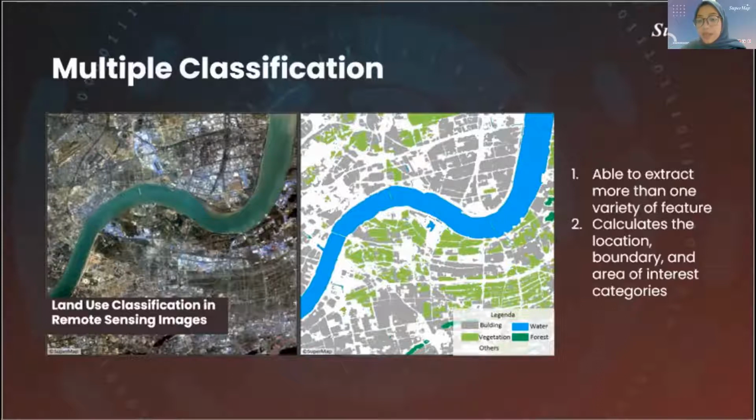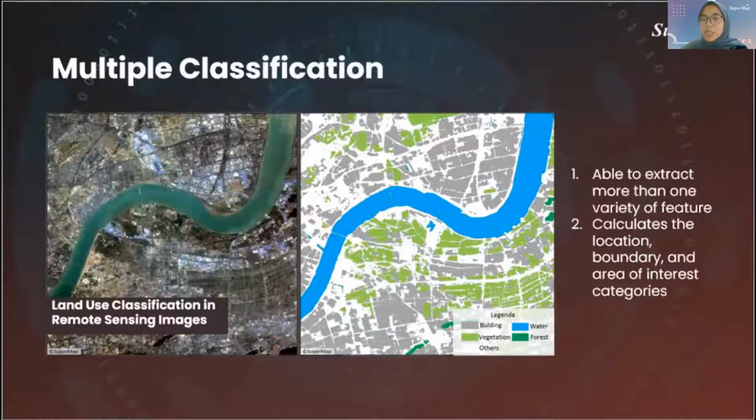Similar to the binary classification, multiple classification uses a neural network model to determine which type of interest each pixel in an image belongs to, and it is used for multi-type feature determination and calculates the location, boundary, and area of interest categories from the pixels.